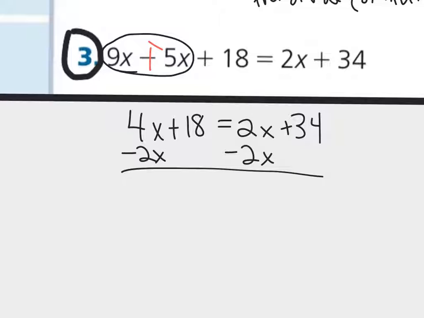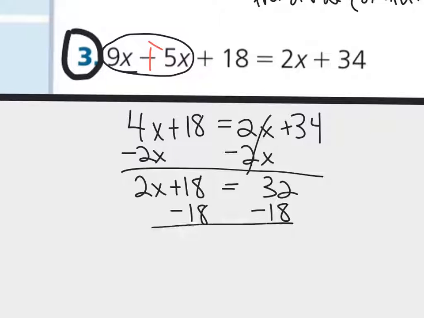Keeps things positive. So subtract 2x on both sides. And then once we've got that, we've got a two-step equation here. Next step's going to be get the constant on the other side. So we can subtract 18. They're adding, we're going to subtract. And then last step, they're multiplying, so we'll divide.